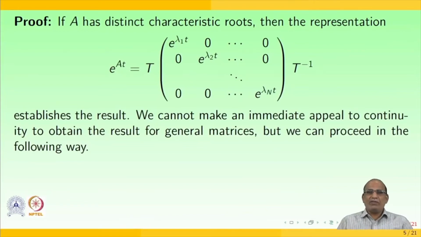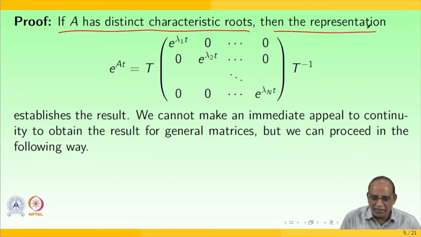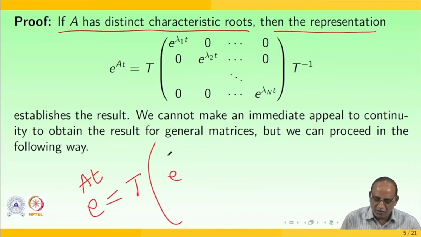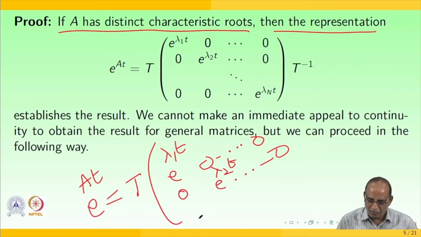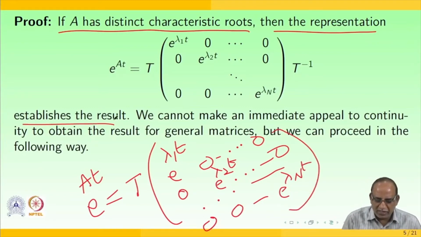The proof is very simple. If A has distinct characteristic roots, then the representation e^(At) will be equivalent to T times the diagonal matrix with entries e^(lambda_1 t), e^(lambda_2 t), up to e^(lambda_n t), and zeros elsewhere, which establishes the result.